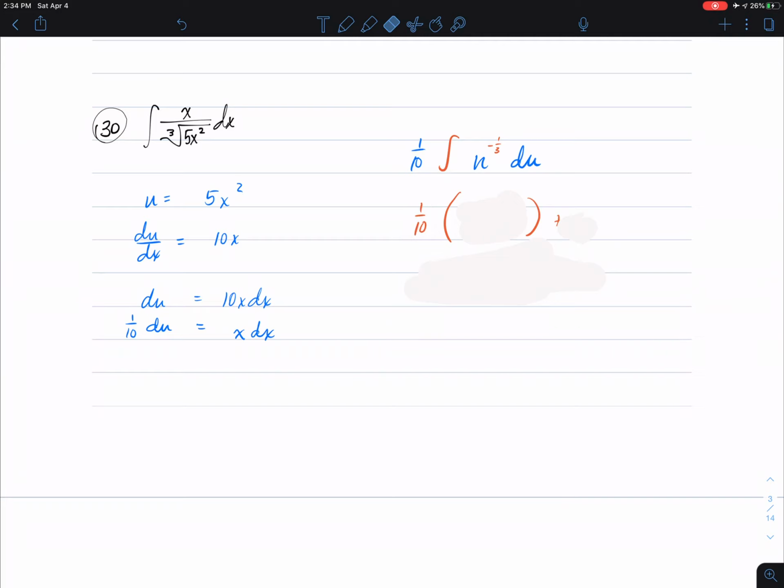The integral of u to the negative third is going to be 3/2 u to the 2/3. Add your constant, and then resubstitute in your x's for that. The only thing that you could do is to rewrite this as a cubed root, but that's not entirely necessary, so we'll just leave it as is at this point.